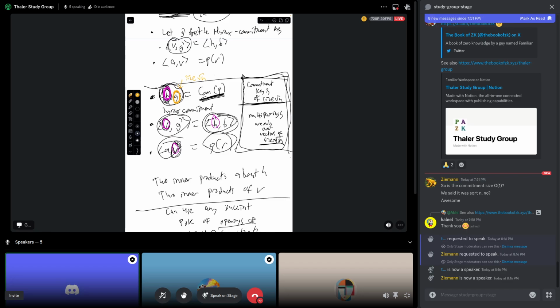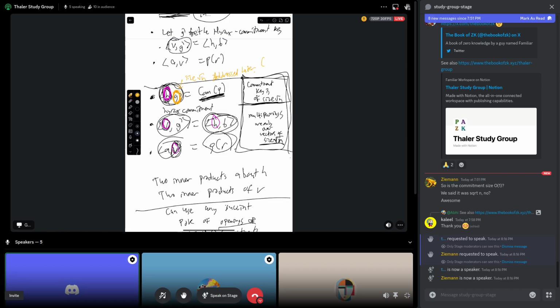So this gets addressed. The verifier, it turns out, does not have to know all of this commitment key. I'll address that when we get to the inner product arguments that Dory uses.